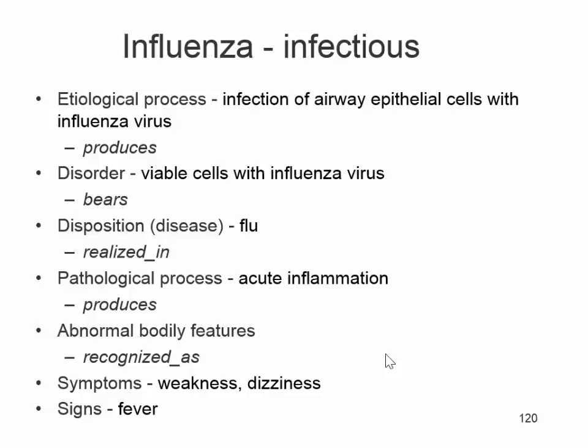Other people will say that you have liver cancer because your liver is carcinomatous. Both of those ways of speaking are, I think, perfectly in order. So there's the narrow sense of what is the bearer of the disease, namely the liver, or here the airway epithelial cells. And then there's the wider sense in which the bearer of the cancer or of the flu is the whole organism.